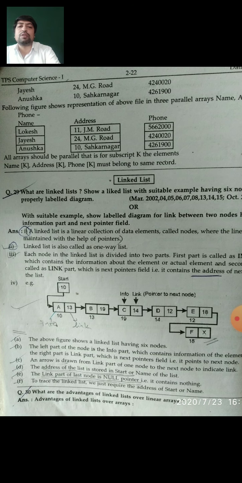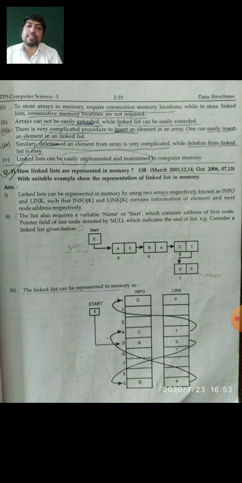At the top, to store an array in memory requires consecutive memory locations, while to store a linked list, consecutive memory locations are not required. We have studied the linear array in our last few videos.